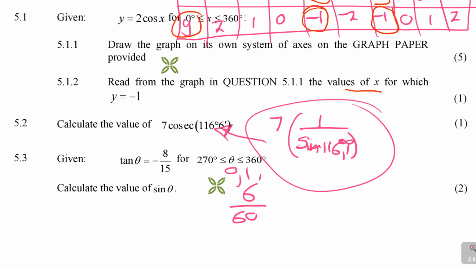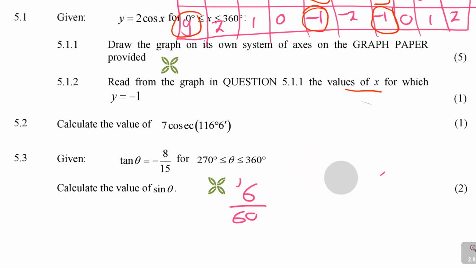Cosec, you can't have cosec. It's 1 over sine. But don't do this now to say 1 over 7 sine that. 7 is not below, 7 is on top. It must remain on top. Hence, you saw me leaving it out on the other side. The way I did it, I take my 7 and then put a bracket so that when I'm doing it with the calculator, I'm telling you that 7 is not affected by cosec.